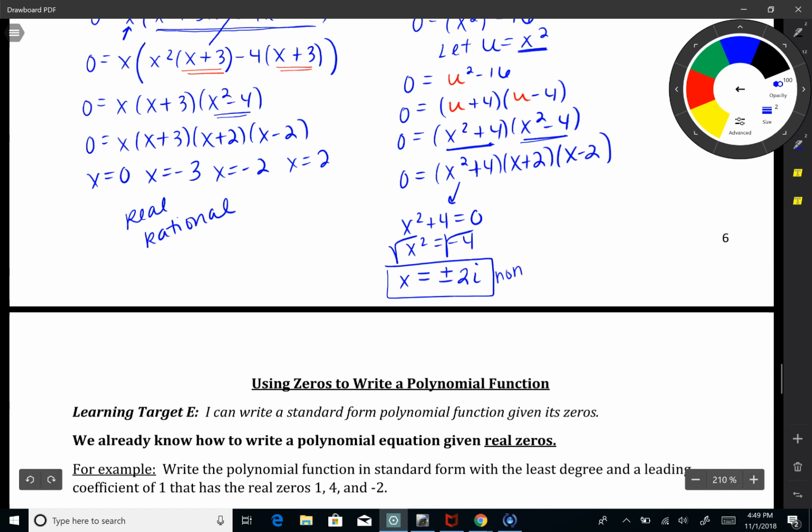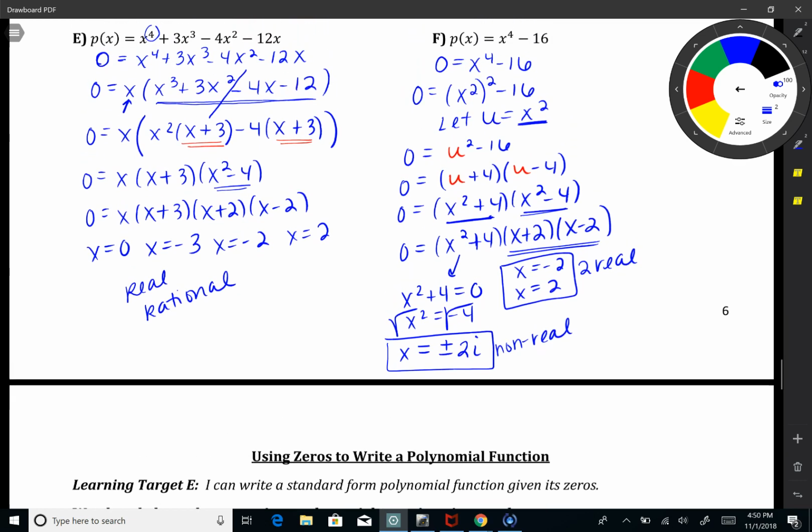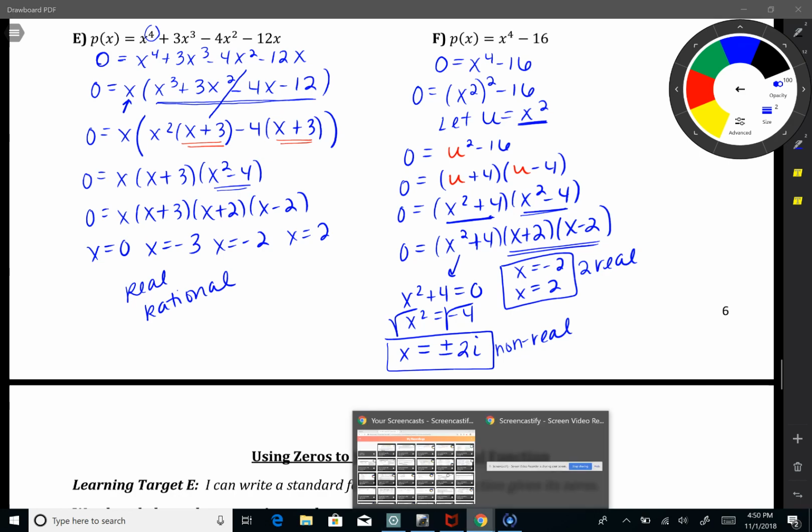And then my 2 factors over here give me x equals negative 2 and x equals positive 2. So those are two real solutions, for a total of 4 solutions. Let's look back at our original problem. It was degree 4, so that makes sense by the fundamental theorem of algebra.